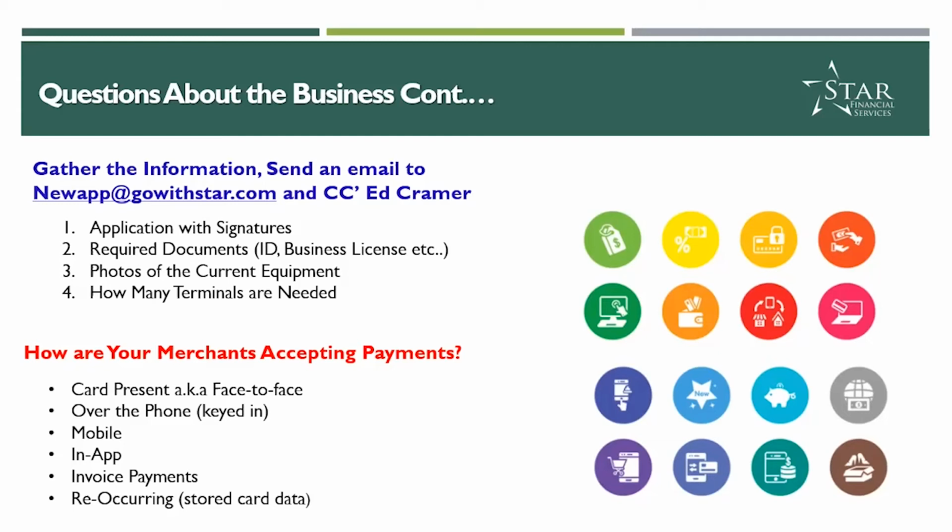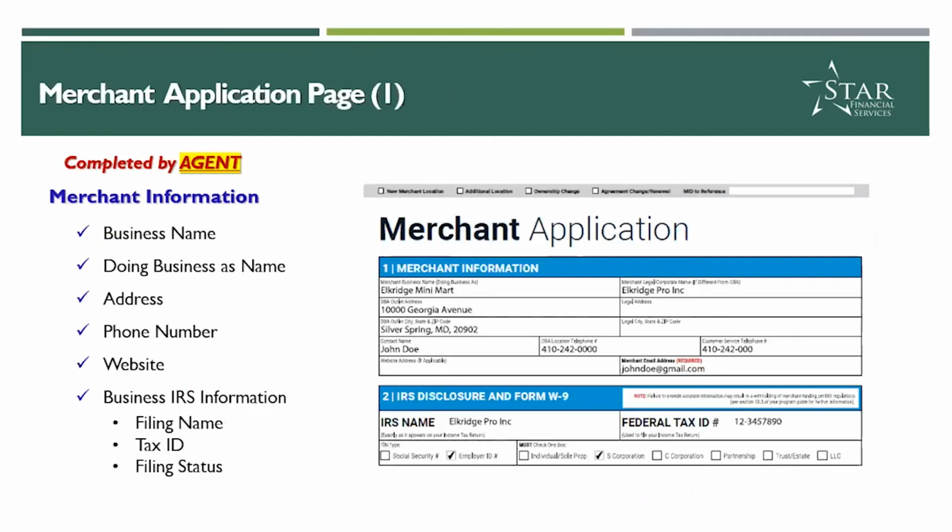Is there a mobile app? Do they have invoice payments? Or do they have recurring payments where they need to store the credit card data on file? Those pieces of information are important because they come up later in our application here.